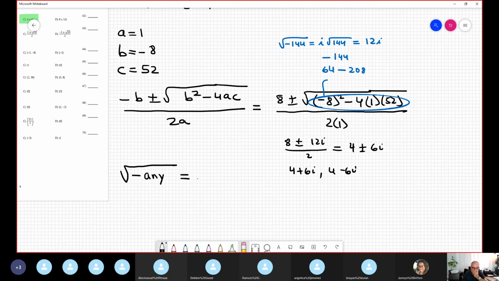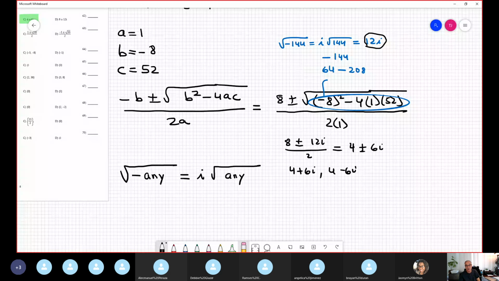Automatically, you know, it is i times the square root of the positive number. In our specific example, negative 144, it is i times the square root of positive 144. You know the square root of 144 is 12. So automatically, when you see a negative number inside the radical, automatically i.